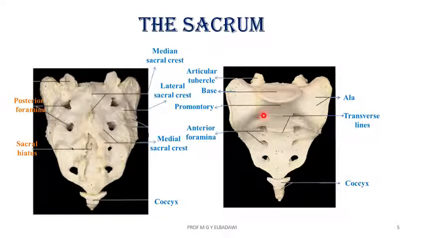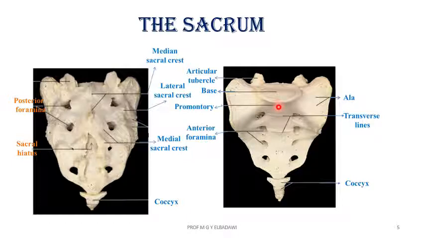The first feature is that the intervertebral foramen now has an anterior sacral foramina and a posterior sacral foramina, whereas usually in the vertebral column it is on the lateral side.